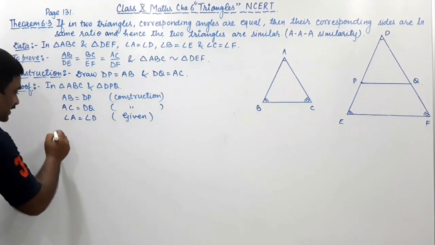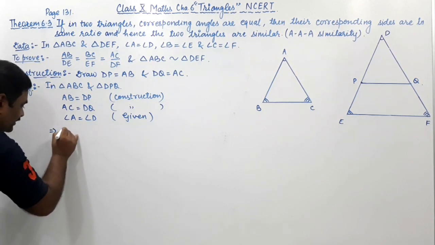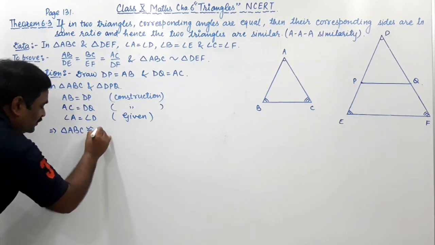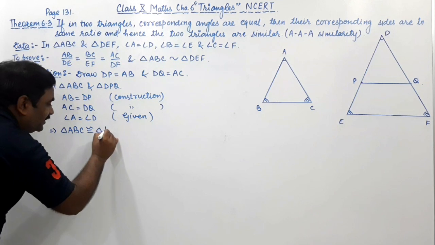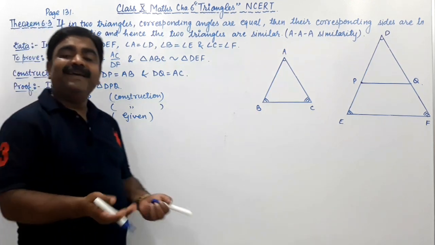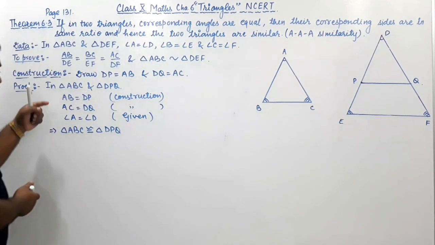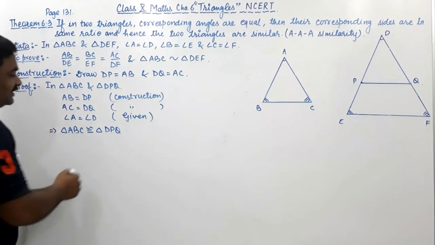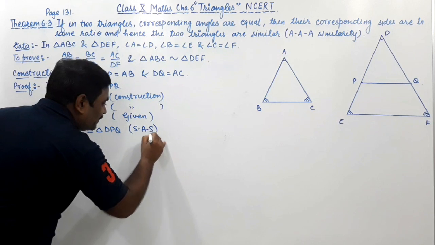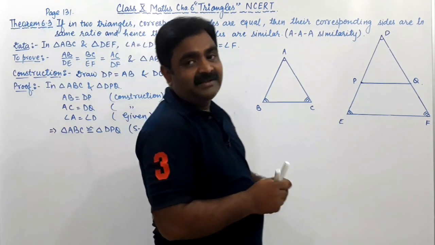You can say that therefore triangle ABC is congruent to triangle DPQ. But the question arises, why are they congruent and which congruency relation is it? It is side angle side, SAS congruency we have written. They are congruent. Clear?